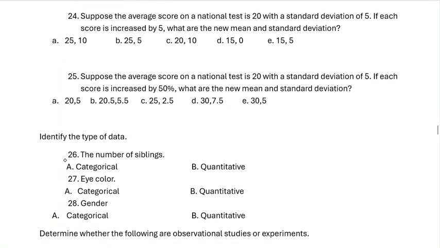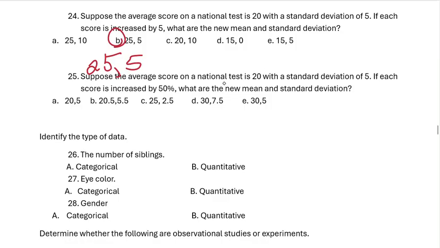Suppose the average on a national test is 20 with a standard deviation of 5. If each score is increased by 5, what are the new mean and standard deviation? Well, these are SIR questions. So if you add, the new mean would be 25. But the standard deviation would not be affected by the addition, so the answer would be B.